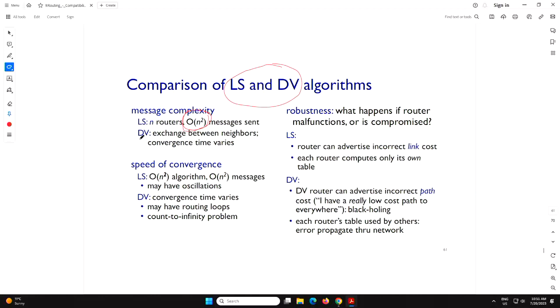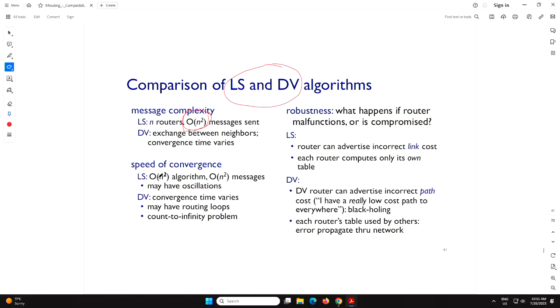So the first one is how many exchanges you are making. You only exchange with your neighbors. So if you have two neighbors, you don't care if you have 100 or 50 nodes in the network. But in link state, your computations are based on, and the messages are transmitted to, n squared, the message complexity.